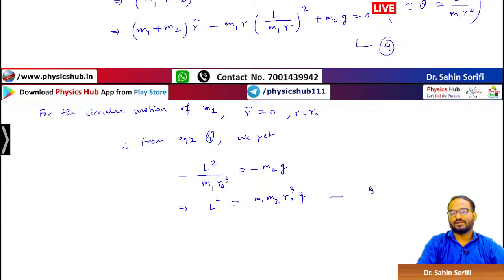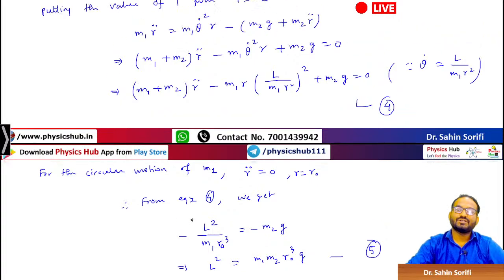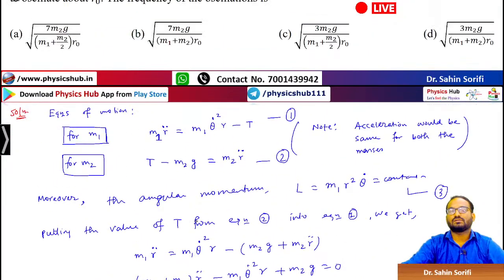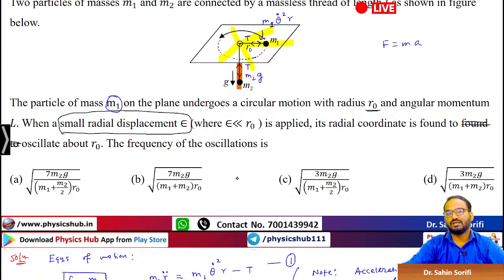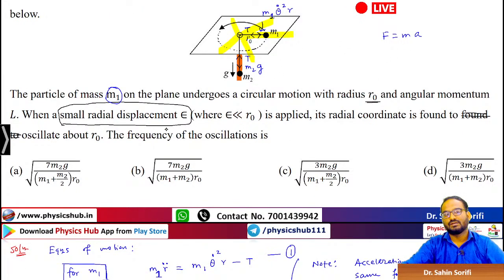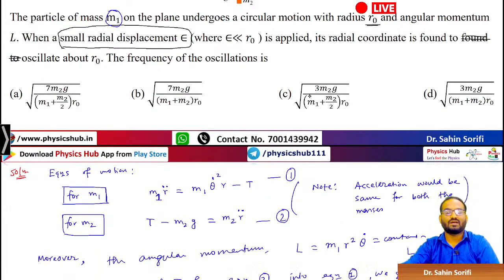Let's name it equation number 5. Now we are in a position to take care of the small radial displacement. If, from r equals r naught, you apply a small radial displacement epsilon, it will not be able to move in the circular path. It will oscillate about the stable radius r naught.